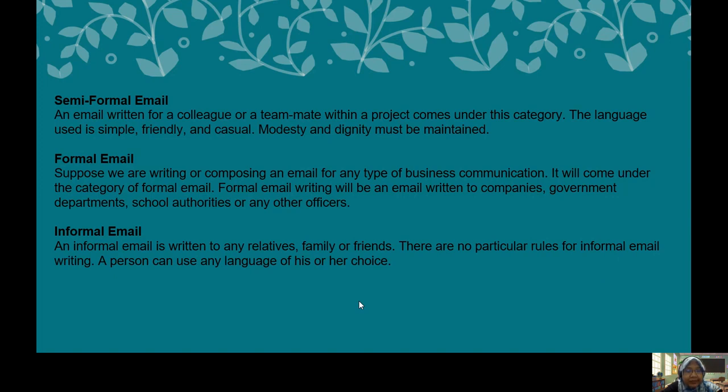But again, for your exam, even though you are writing an informal email, please make sure you are not using any short form words, especially just like you always do with your WhatsApp when you type your message in your WhatsApp.